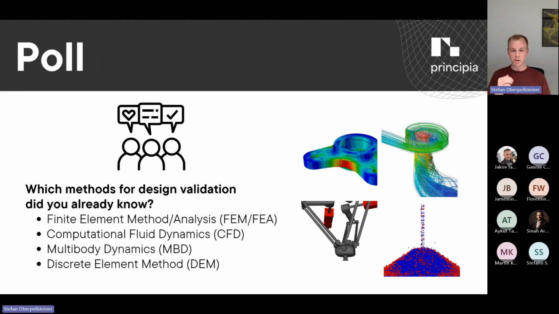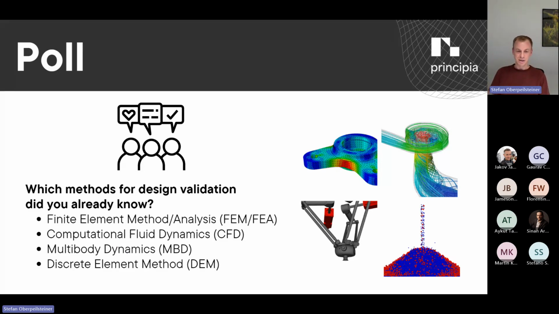Now let's continue with the poll, because I just mentioned the topic multi-body simulation several times. I would be interested which methods for design validation you already knew. The first is the finite element method, which is known, I guess, because the finite element method is also the topic of today's webinar.